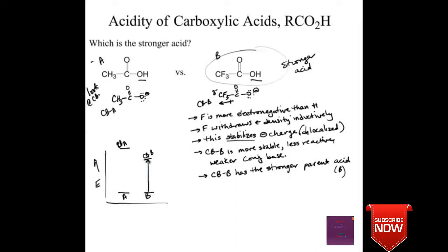So B being deprotonated is an easier path than A being deprotonated. This is more favorable. So something that stabilizes the conjugate base makes the parent a stronger acid. So we saw how resonance can do that, and here's an example of how inductive effects can do that. So trifluoroacetic acid is a stronger acid than just ordinary acetic acid.